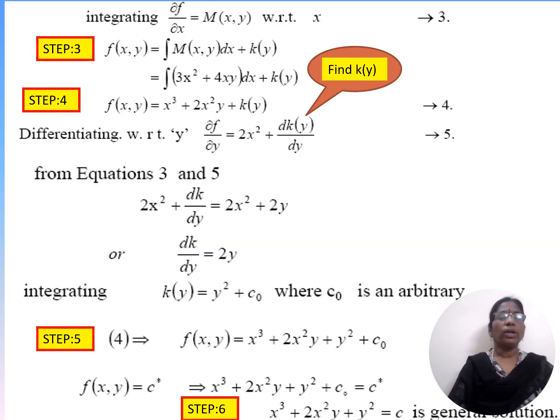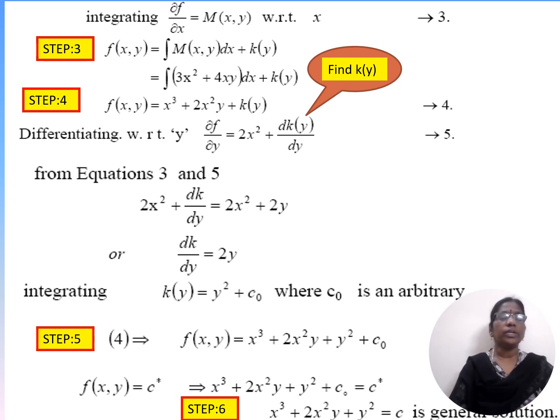Integrating ∂f/∂x = M(x,y) with respect to x, we get f(x,y) = ∫M(x,y) dx + k(y). That is, k(y) is a function of y because we are integrating with respect to x. So which gives now f(x,y) = x³ + 2x²y + k(y).